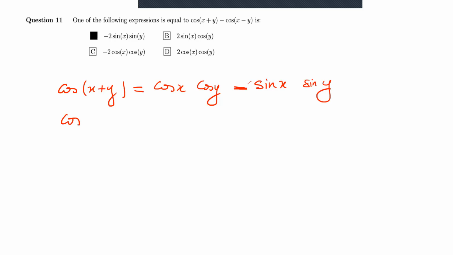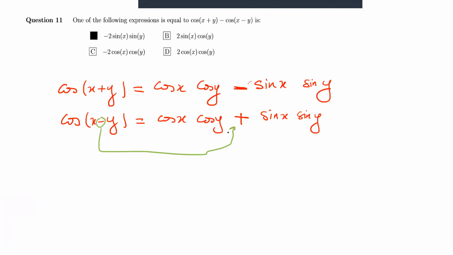What about cosine of x minus y? Same thing, cosine x cosine y plus sine x sine y. So here, cosine, this is switched.